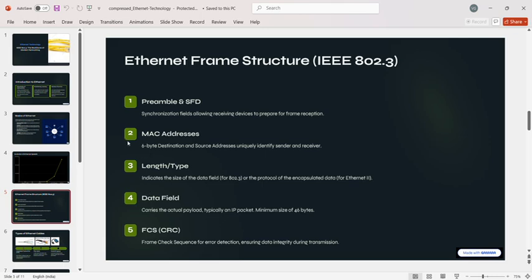The synchronization field allows receiving devices to prepare for frame reception. That is, when the sender sends data to the receiver, the preamble allows the receiver to detect that the newly arriving frame is timing-aligned.